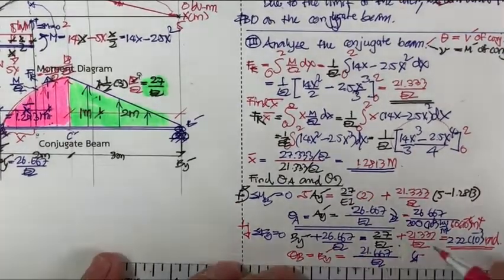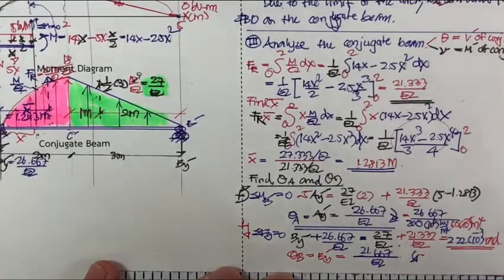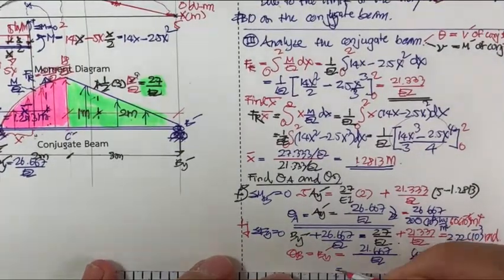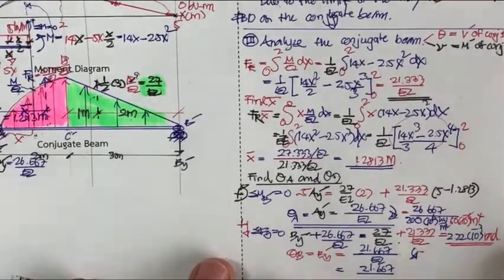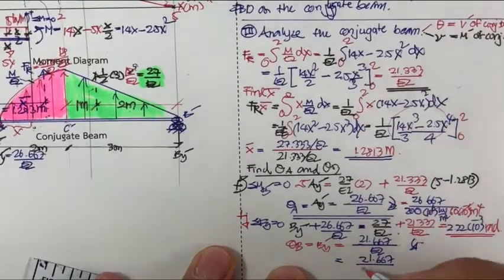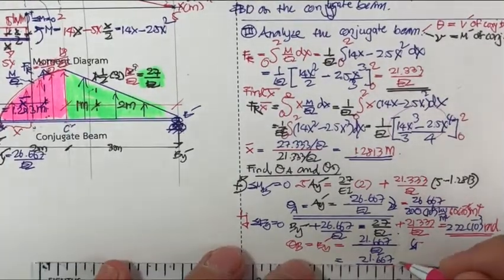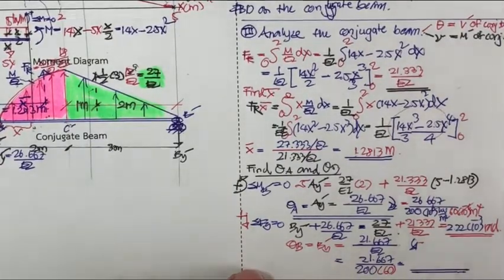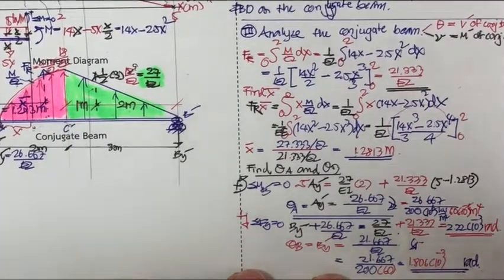Okay, and you do the same thing for this, you will get theta sub B equal to 21.667 divided by 260, and you will get this equal to, the unit is going to be in radian, 1.806 × 10^-3 radian.